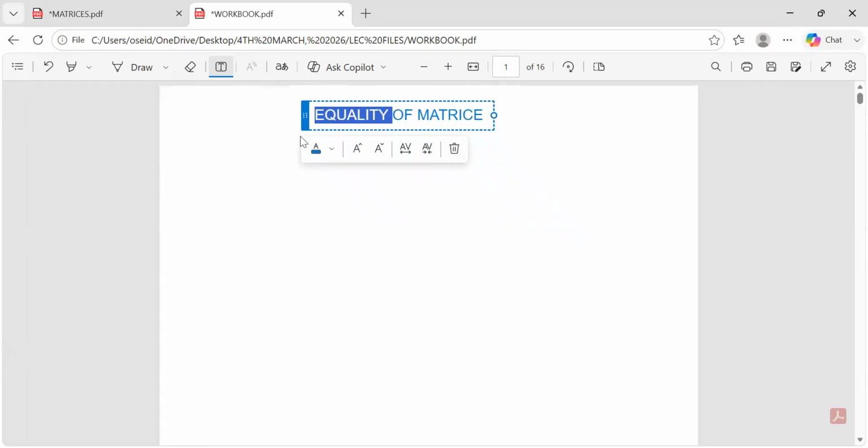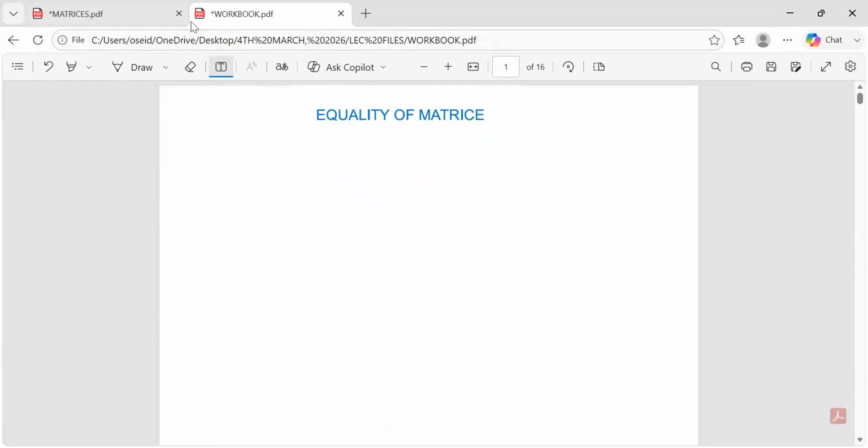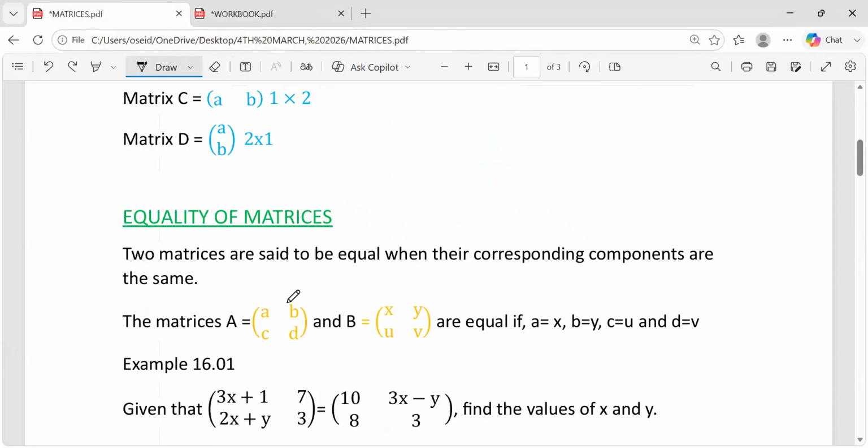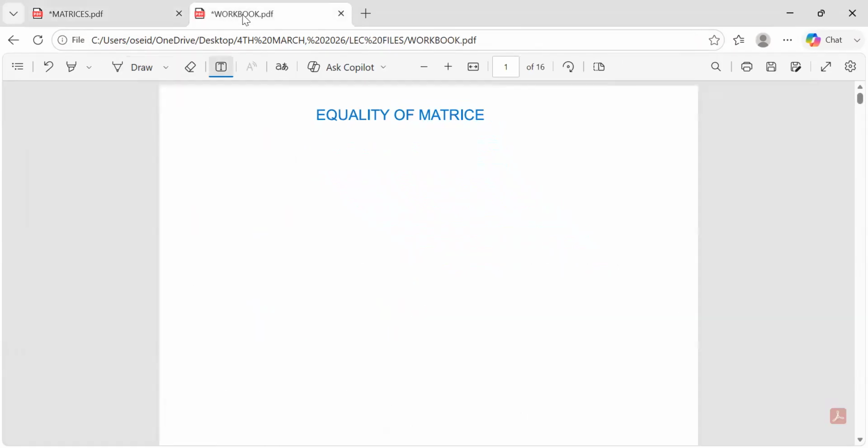The next one says: two matrices are said to be equal when their corresponding components are the same.